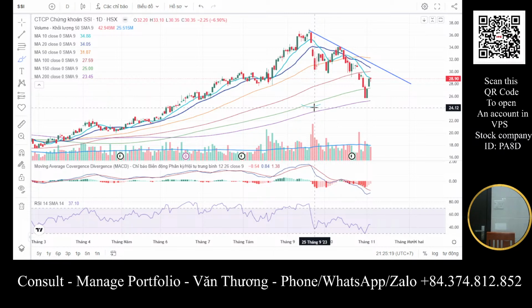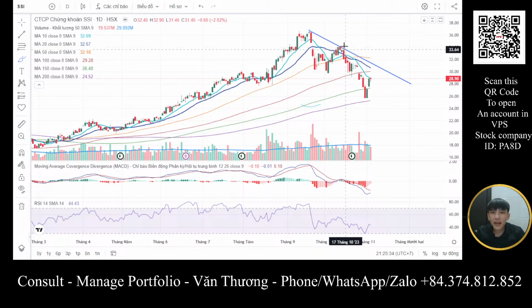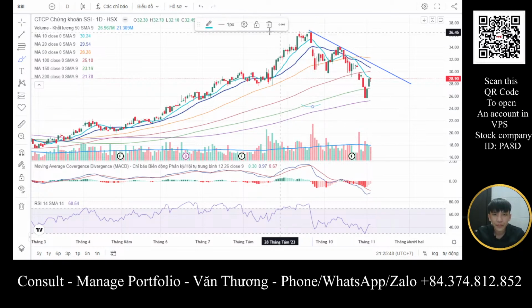Okay, I'm coming back. SSI is right now in a downtrend, right? You can see this stock makes a lower low and a lower high. So SSI is still in a downtrend, and this stock cannot lead the market.